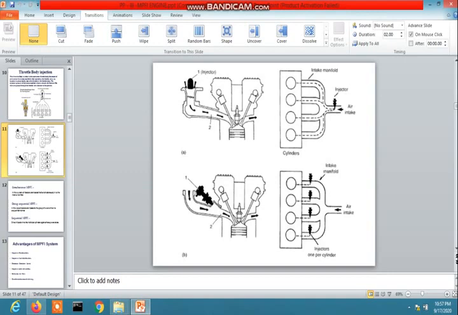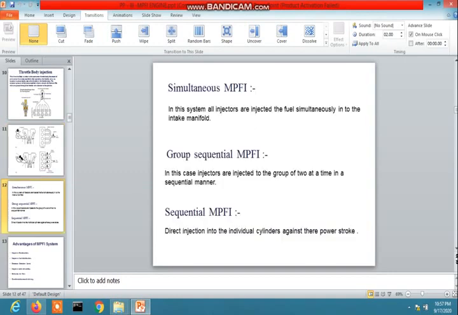And by the timing of the injection process, there are 3 types. We already discussed them in the previous slide, but now I am also explaining. That is called simultaneous MPFI, second is group sequential injection, and third is sequential MPFI.